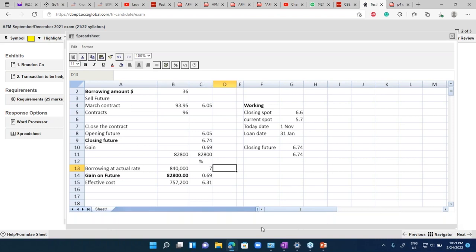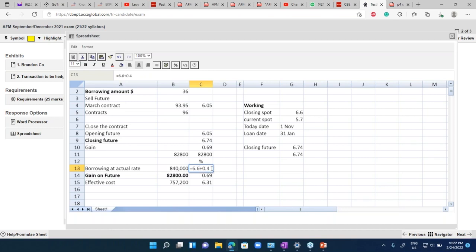Last steps are common in option and future. You will write that you will borrow at the actual rate. Go to the question and identify what is the actual rate of borrowing now. Interest rate moves to 6.6%, right?